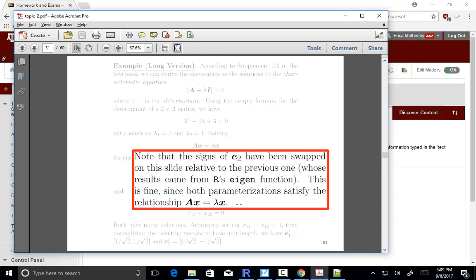And suppose I use SAS or another program or MATLAB, with the exact same matrix, and it gives me minus 1.2, 1.2. So yours is mine after multiplying by negative 1.